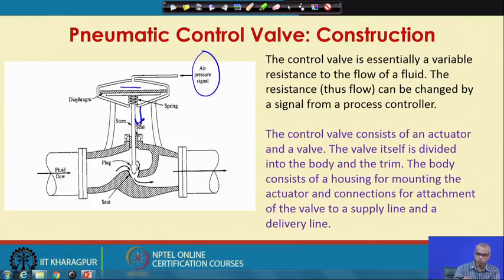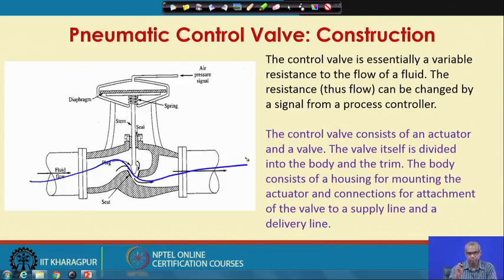As the stem goes downward, you can see the plug goes and sits on the valve seat. When the plug completely sits on the valve seat, the flow through the valve stops, because the flow takes place like this.